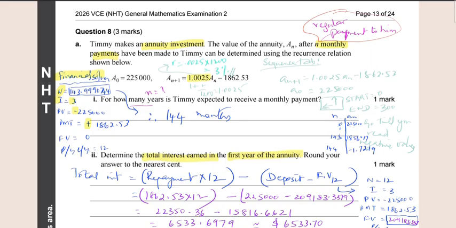These payments go on for N payments, which we don't know, till the future value becomes 0. These are concepts that you have to know. PY and CY are 12 because it's monthly payments. So when we tap on N, we get 143.9990744, approximately 144 payments. The other way of doing it is the sequence tab, where I put the recurrence rule that's been given to me exactly as I see it.